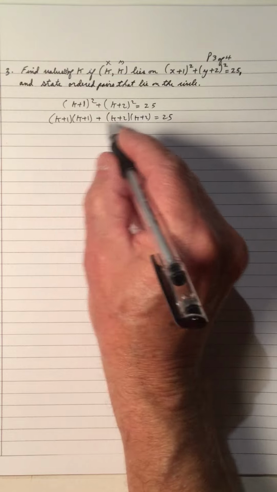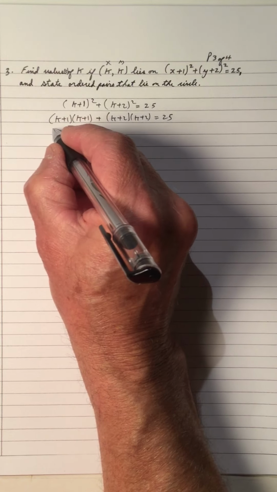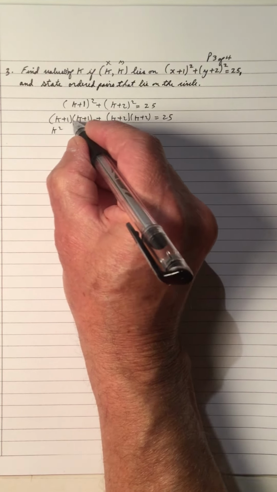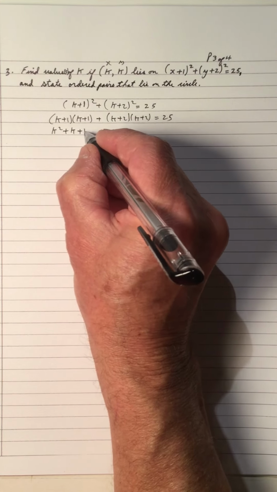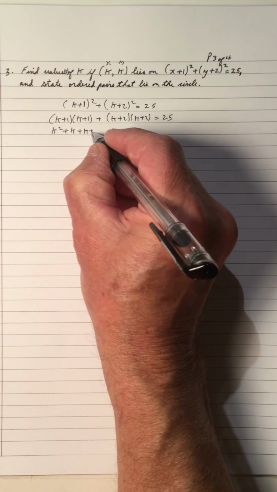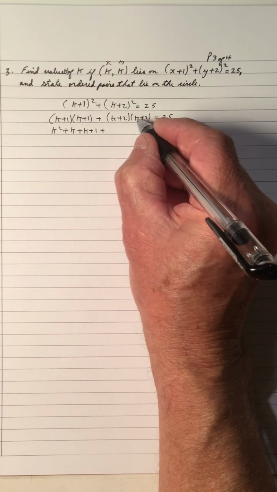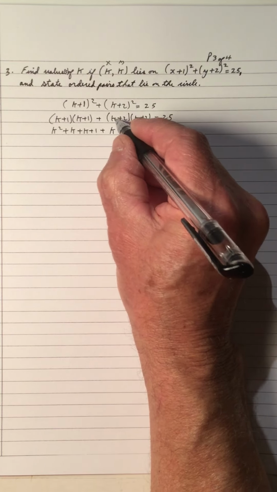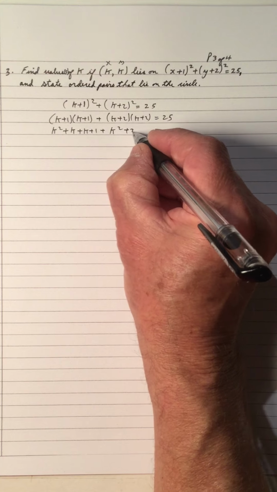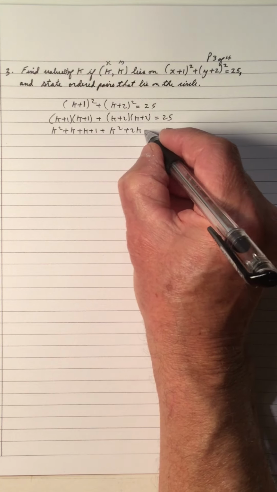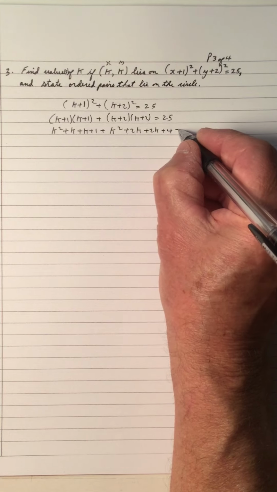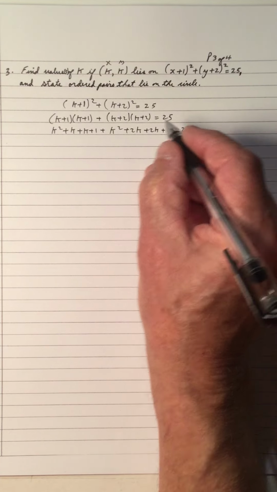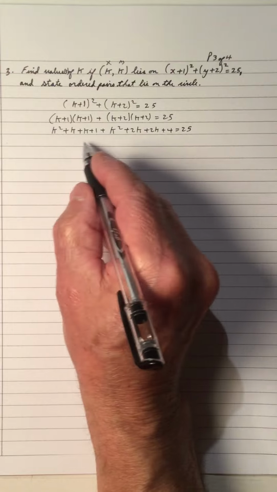So we can do a FOIL on that. k times k, k squared, k times 1, 1k, 1 times k, 1k, 1 times 1, 1. k times k, k squared, k times 2, 2 times k, 2 times 2, and we can tidy that up now.